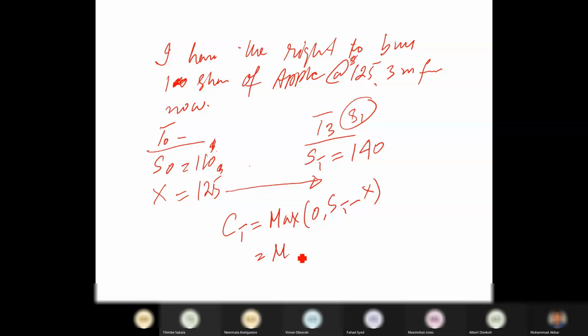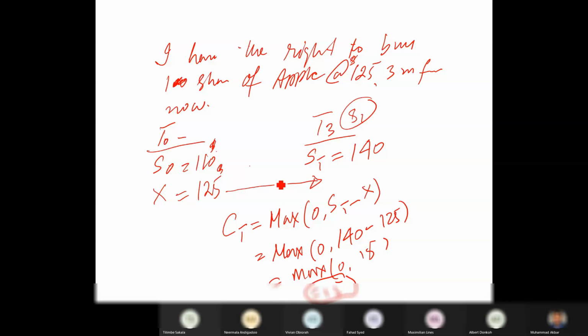So it will be the maximum of 0 or 140 minus 125. So the maximum of 0 or 15 is how much? 15, isn't it?